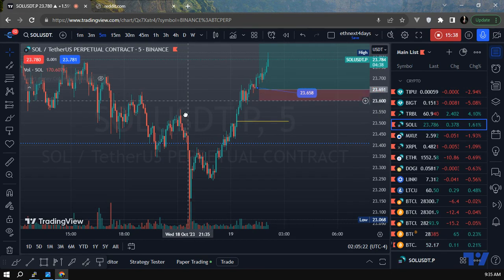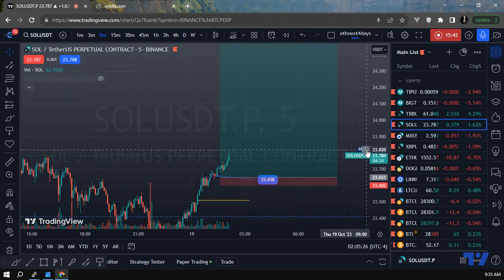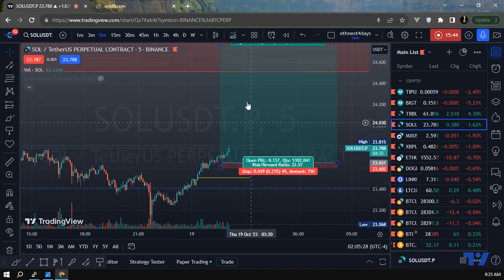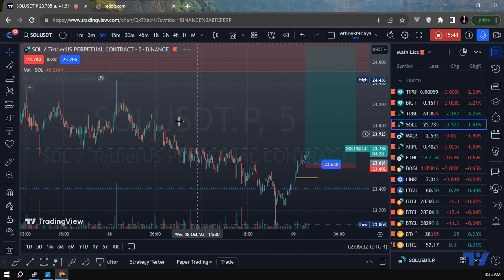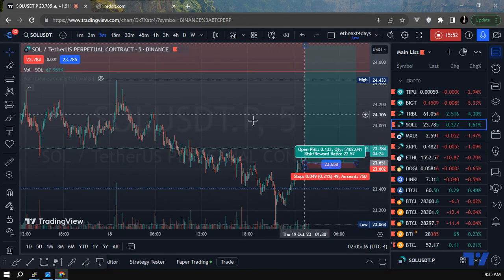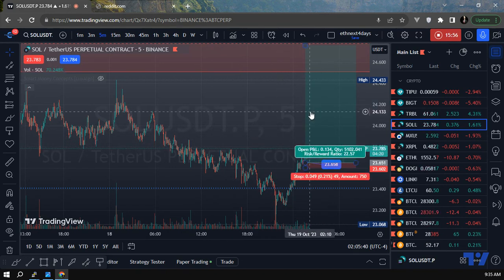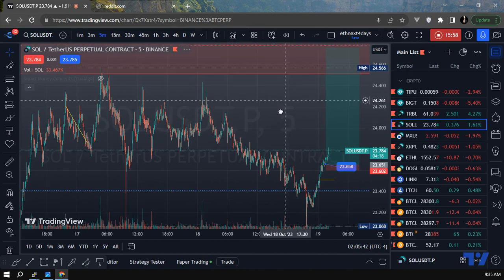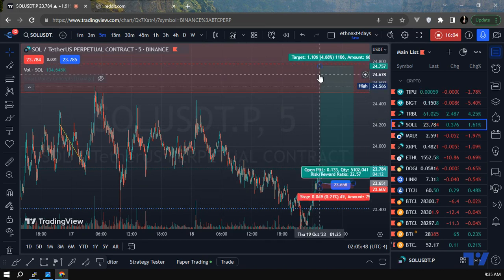Okay, looks like our Solana is doing something. Solana is just trying to push higher. These are consolidation candles, so it takes a little bit of time to get over it. But once it spikes up, it's going to be easy to go, and probably we're going to face some resistance around here, or it's going to slice through it and come around here.